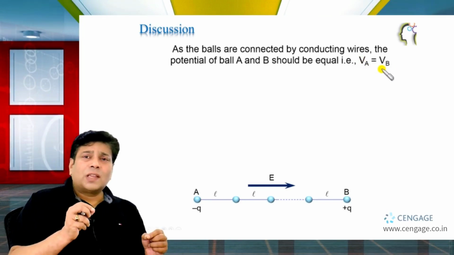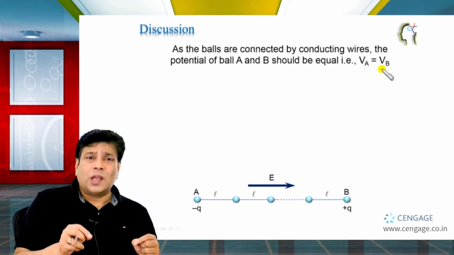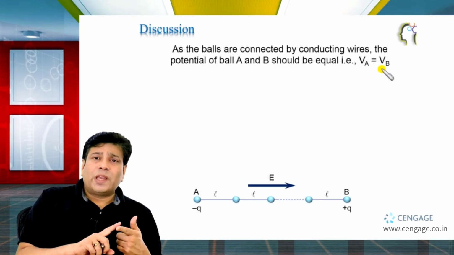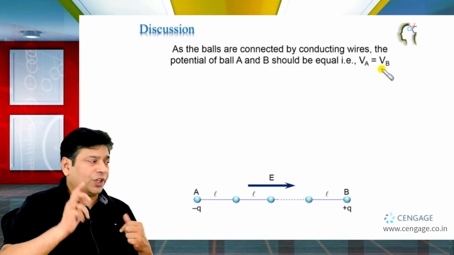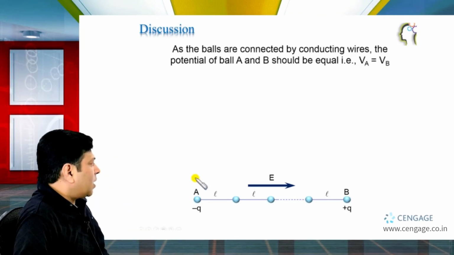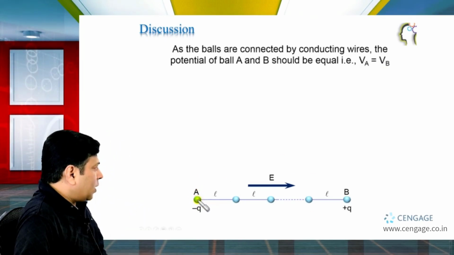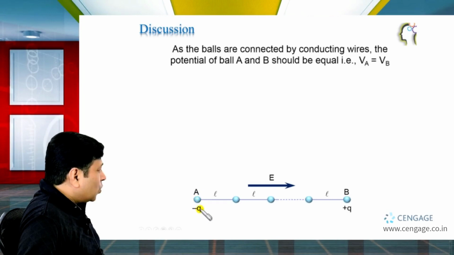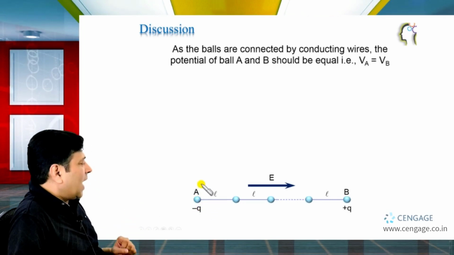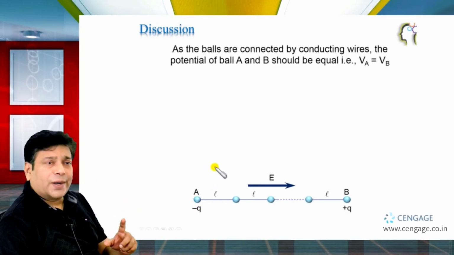We know the potential at any position on any object should be equal to the potential due to its own charge plus the potential due to external factors. If we consider the potential at sphere A, this potential is the potential due to its own charge, that is the induced charge, and the potential due to the external factor.